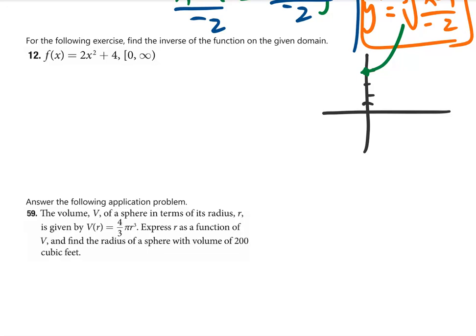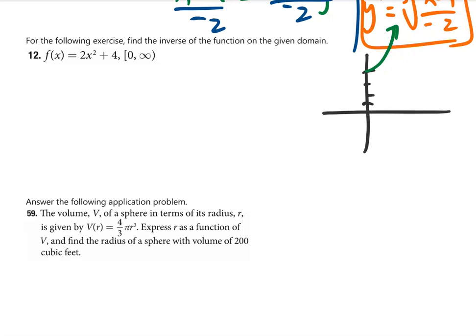And since it is a parabola, you have a stretch factor of 2, so vertically stretch something like this. But since we want from 0 to positive infinity, we don't have this. So this is only the part of that parabola.